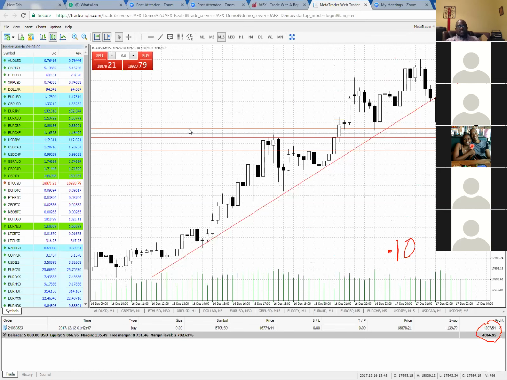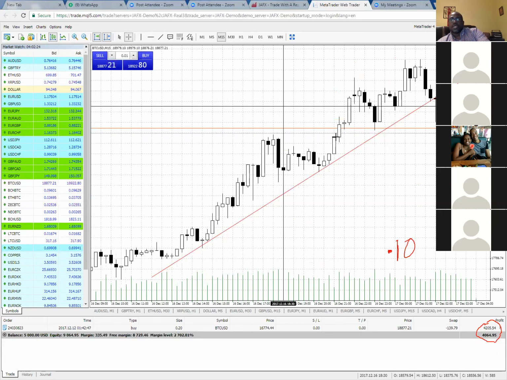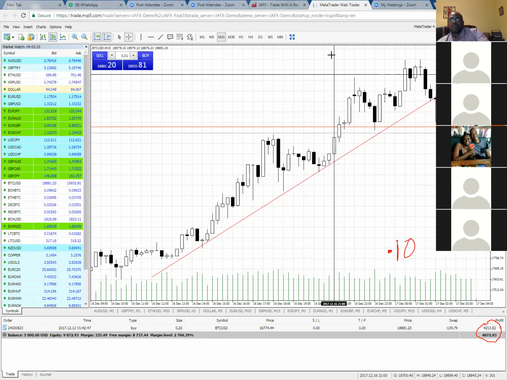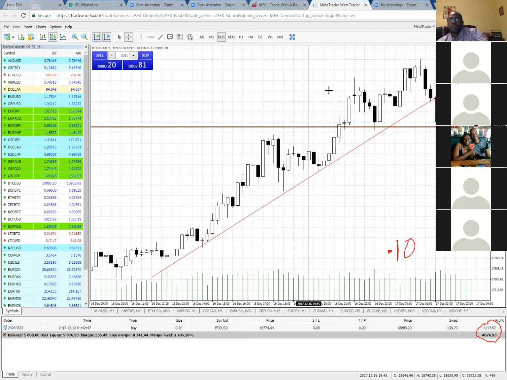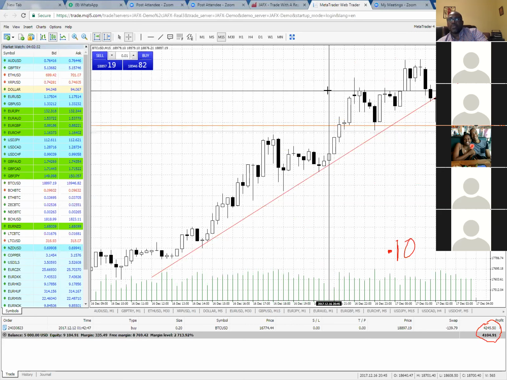Let me get rid of some of these lines. That's the price line. So let me get a different color to work with. You get blue. Okay. So here we have this area right here, 19,251.